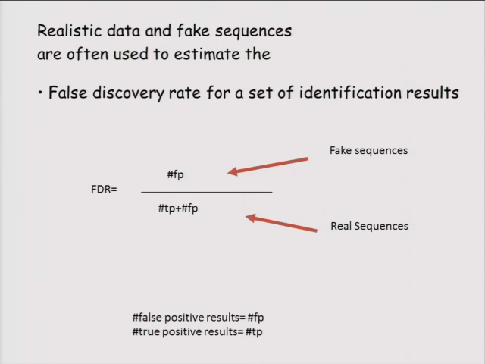large data sets with many identifications, since you have multiple testing. So the FDR would then be defined as the number of results when you search the fake sequences that are better than a particular score, divided by the number of results when you search the real sequences that are better than this particular score.